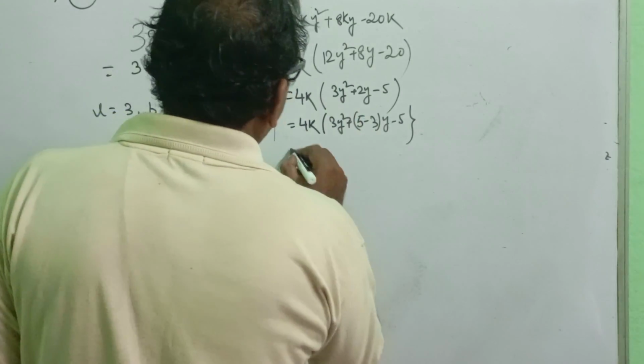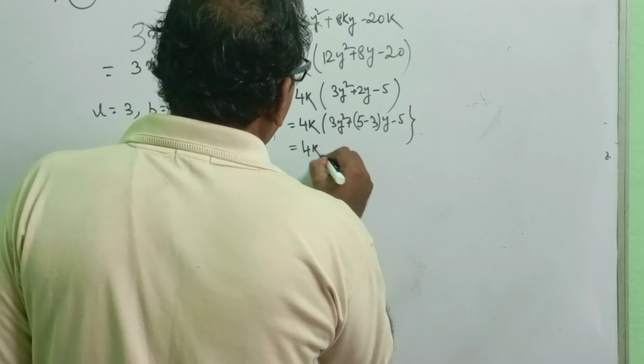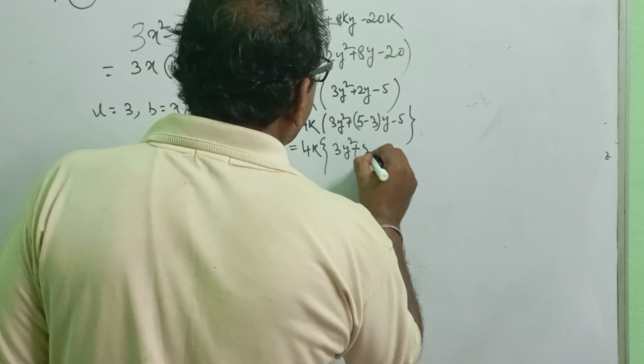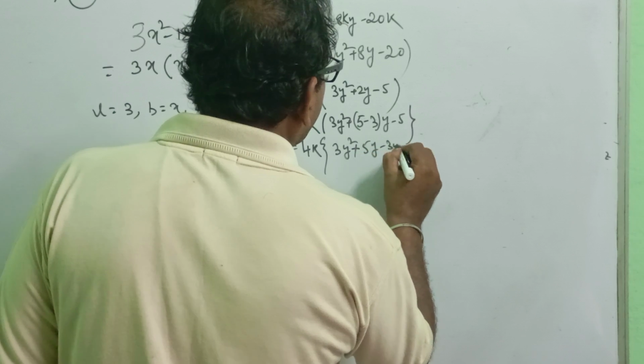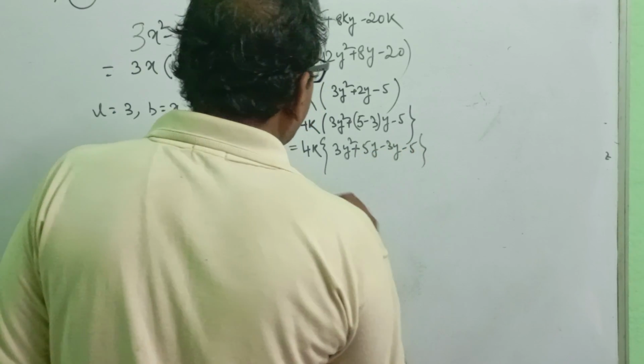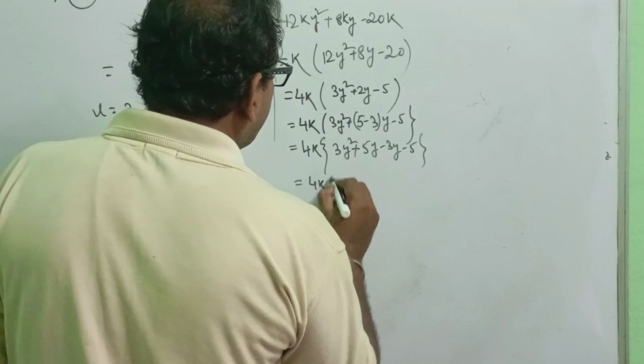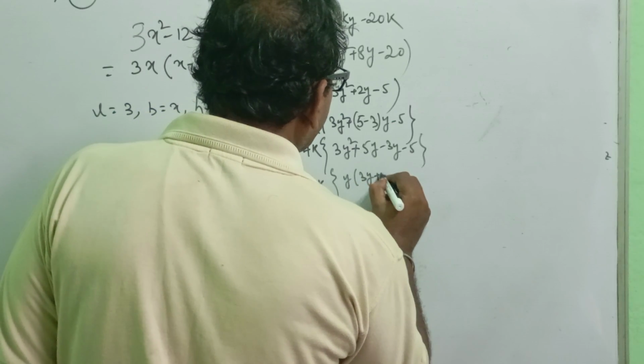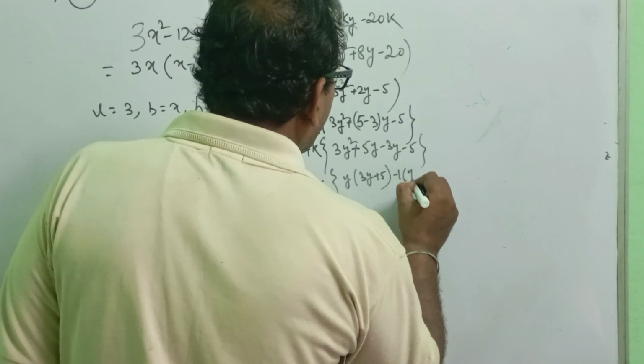This 2 will come, that is 4k. y is common, and 1 is common.